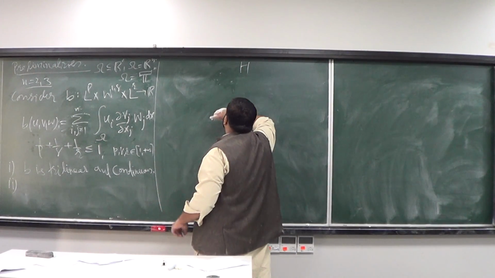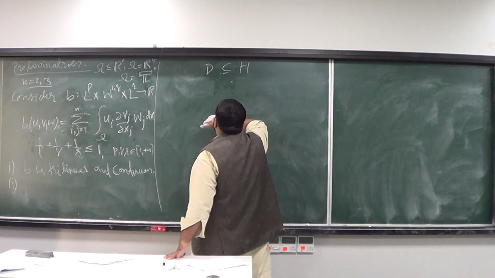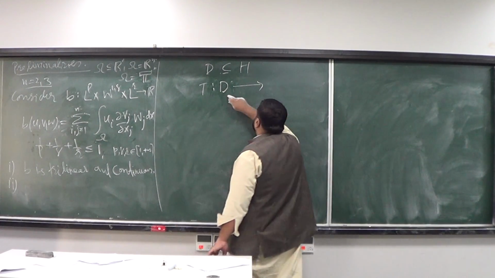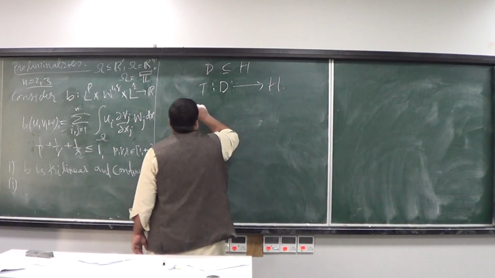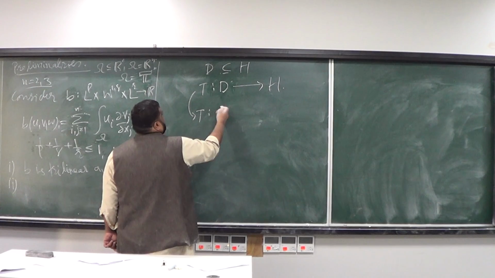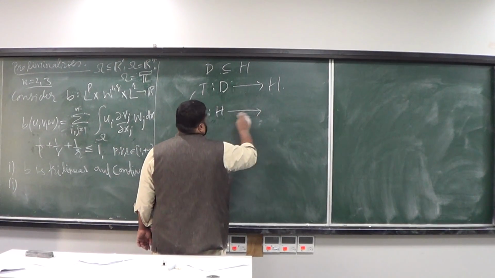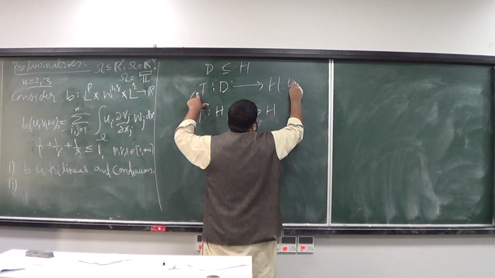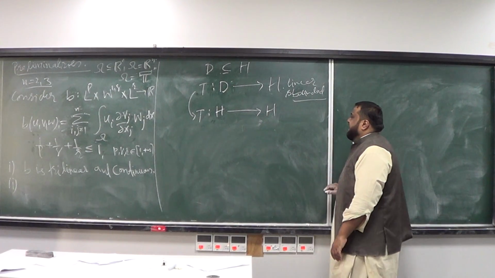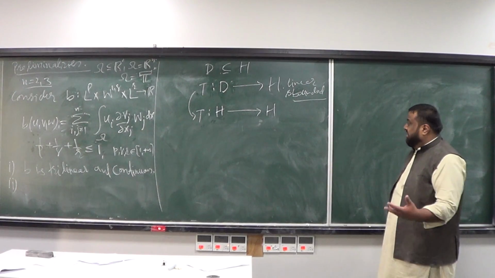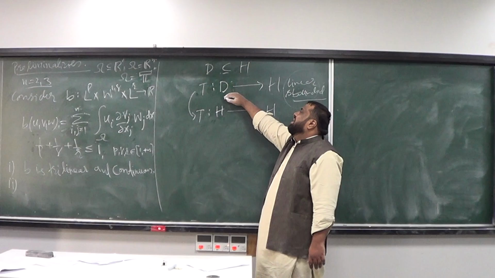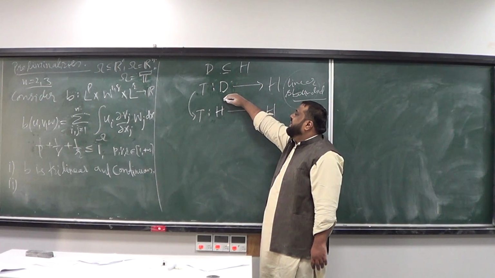Imagine H is a Hilbert space and D is some dense subspace of this Hilbert space, and I have a linear bounded operator defined from the dense subspace to H. Then all such linear operators can be extended to the entire space, to an operator from H into H. So if this is linear and bounded, that is, continuous, then continuous maps can be extended from a dense subspace to the full space.